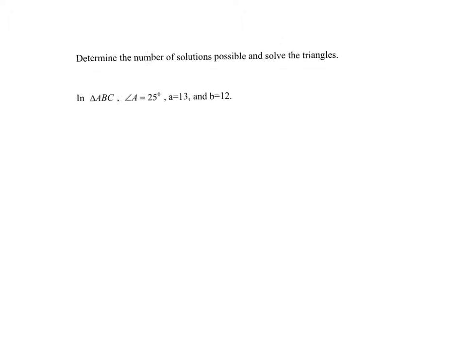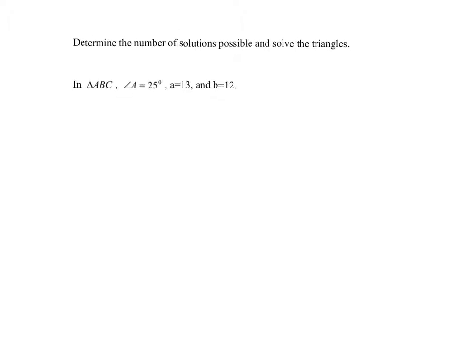So we first want to determine the number of solutions possible, and then, if we can, solve the triangle. In our triangle, we're given angle A is 25 degrees, side A is 13, and B equals 12. If you want, you can draw the triangle just to see it a little better. If you are a visual learner, you can draw the triangle and label what you know, but it's not necessary.